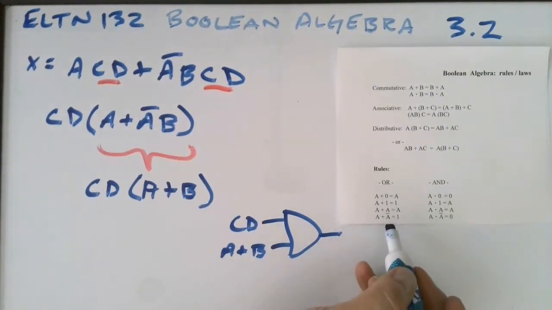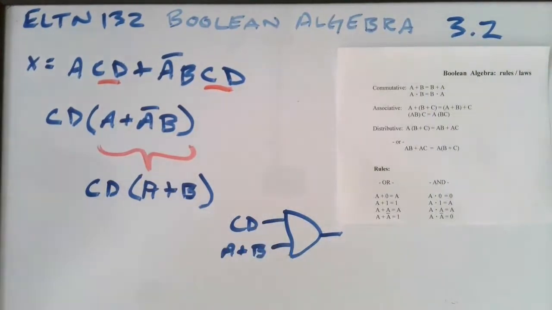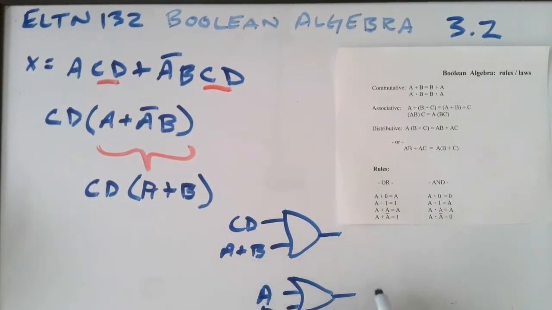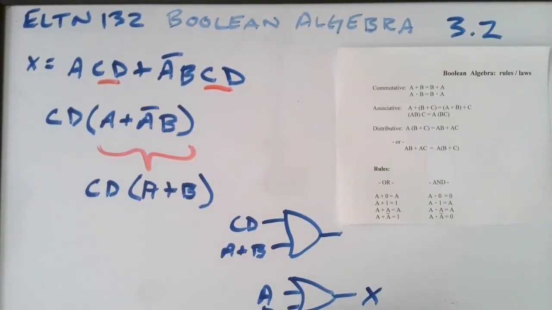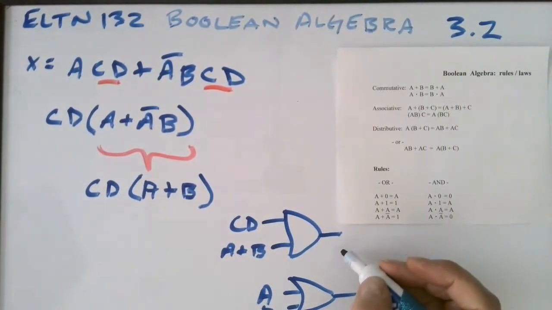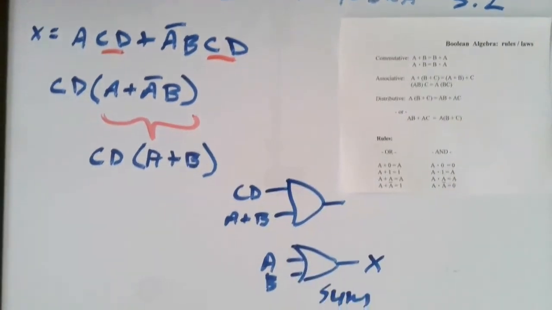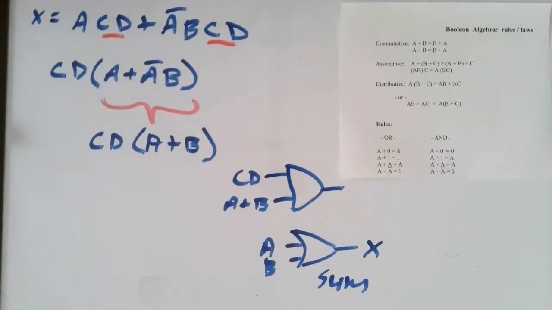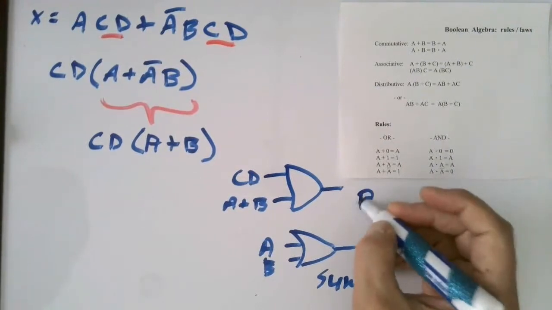And some of these same properties kind of fall through when we're looking at the equations. But if we're ORing a couple of terms, let's say it's A B and the output is X, that would be referred to as a sum of those two terms. And the one on the top here is referred to as a sum. And when you AND two terms, it's referred to as a product.